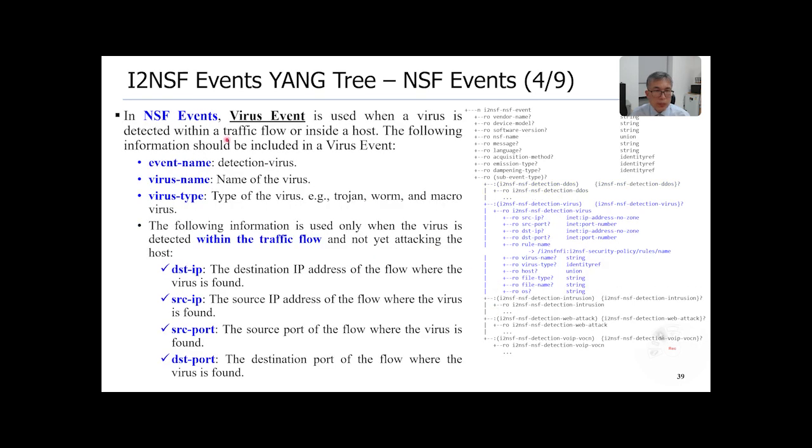And then the virus event. A virus is detected within a traffic flow or inside a host. So this information includes the event name, virus type, and the following information is used only when the virus is detected within the traffic flow: source and destination IP address, and the source and destination port numbers.